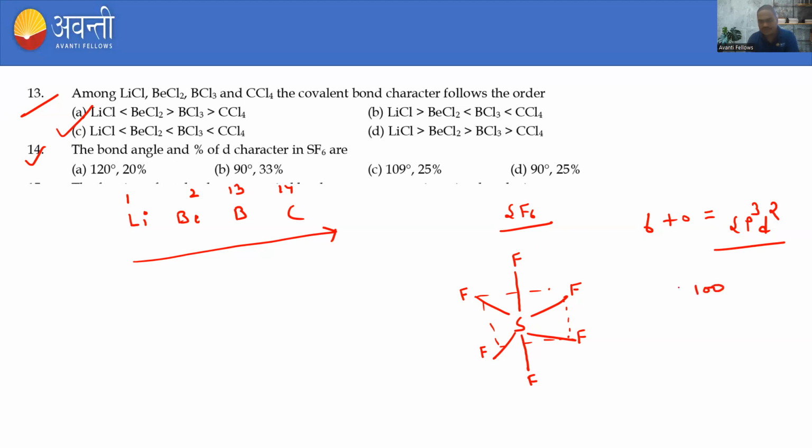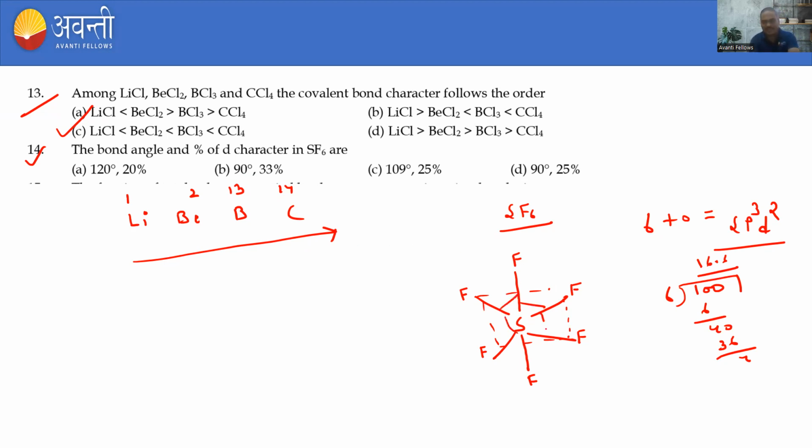So 100 divided by 6 comes out to be 16.6. So 16.6 into 2, because d has 2 orbitals. So 16.6 into 2, so around 33 percent, right? So 33 percent, and the bond angle will be 90 degrees.